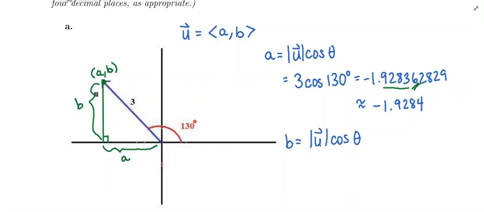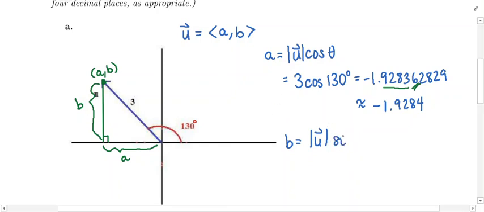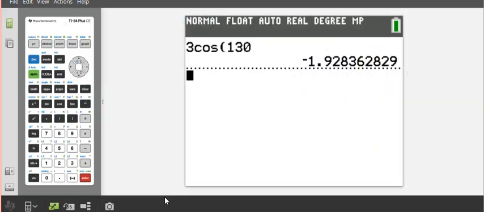I keep writing this wrong thing. Sorry, guys. It is going to be the magnitude of the vector times the sine of the angle. Horizontal is cosine and vertical is sine. So this is going to be 3 times the sine of 130 degrees.